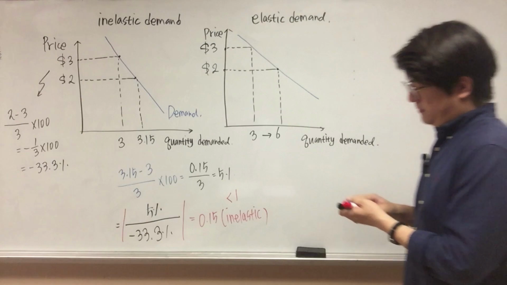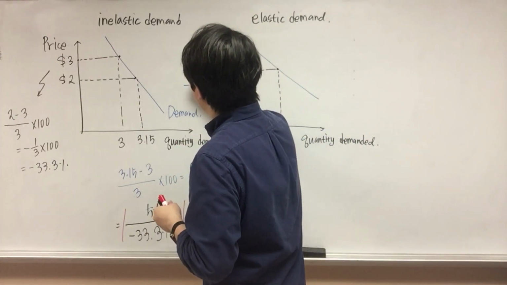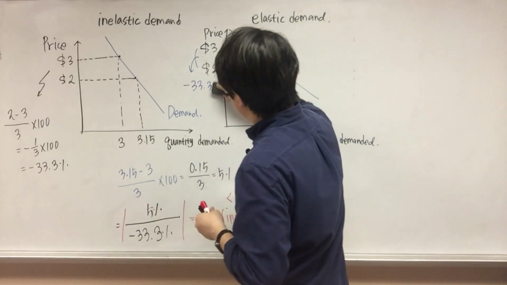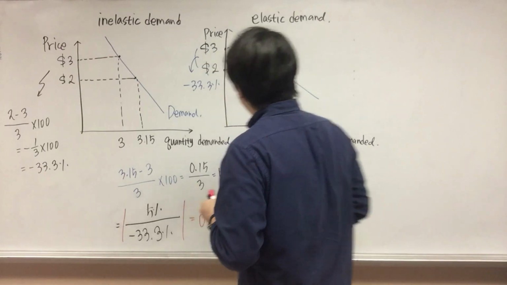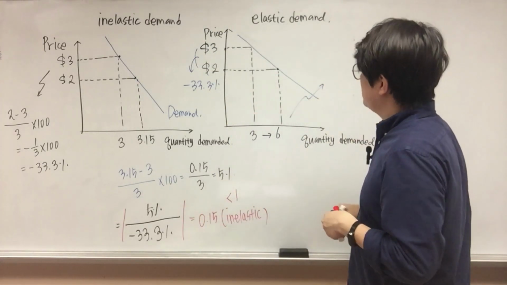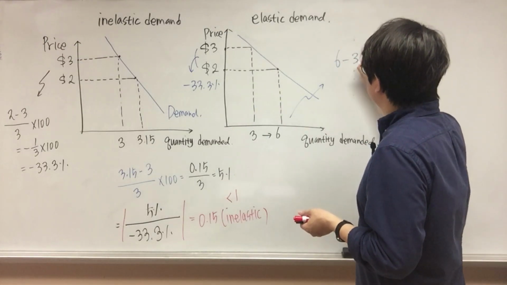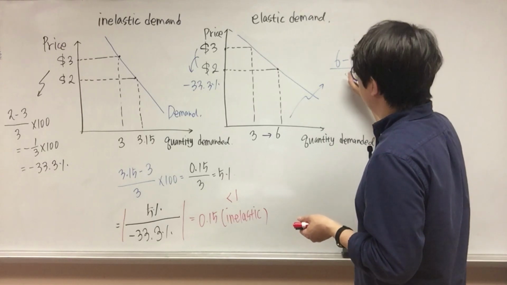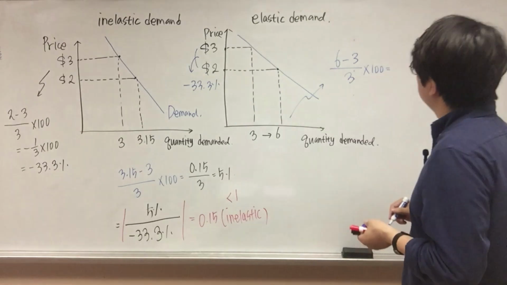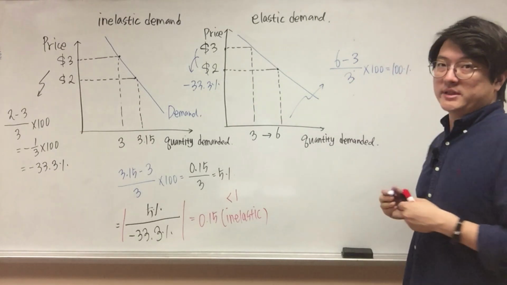So the percent change in price is minus 33%. And how can you find the percent change in quantity demanded? 6 minus 3 divided by 3 times 100. What is that? It is 100%.